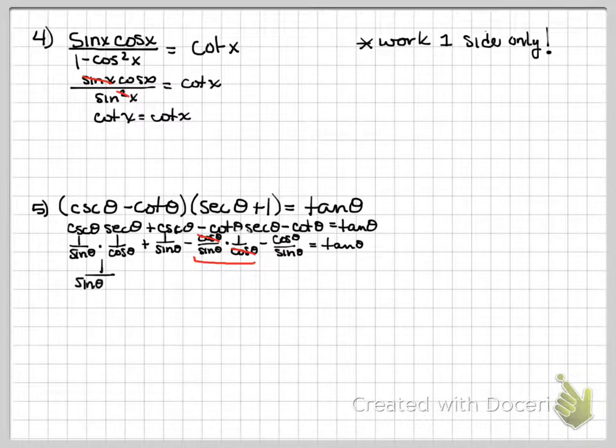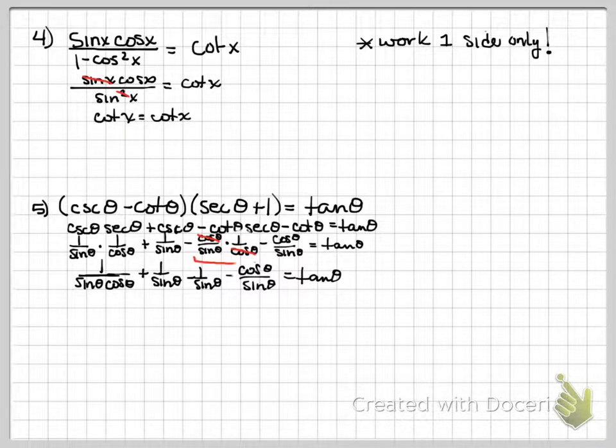Later on you'll learn to cut out a few steps, but right now I'm going to do every step: 1 over sine theta minus 1 over sine theta minus cosine theta over sine theta equals that tangent theta.